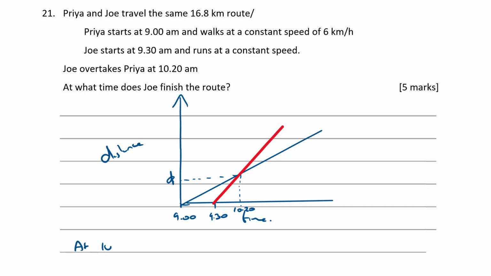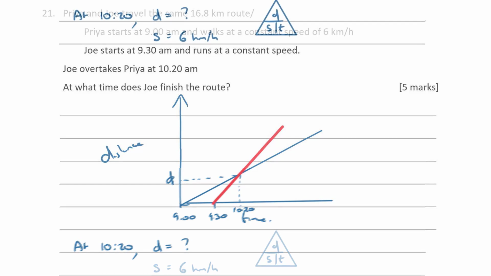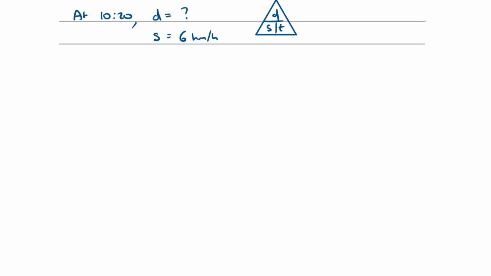So at 10:20, the distance travelled is what I want to find. The speed is 6 kilometers per hour, and the time is 9 till 10:20, so that's 1 hour and 20 minutes, or 1 1/3 of an hour. Okay, so using a DST triangle, distance, speed, time, I know that distance travelled is speed times time.